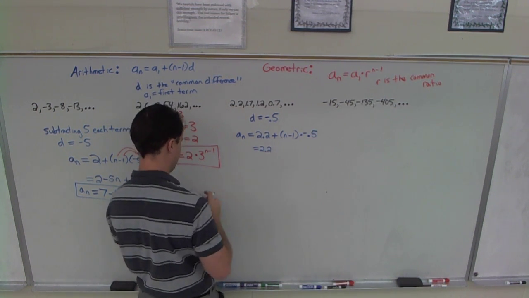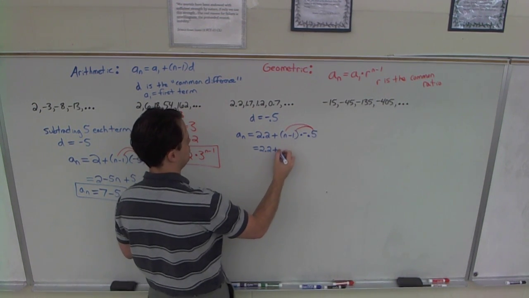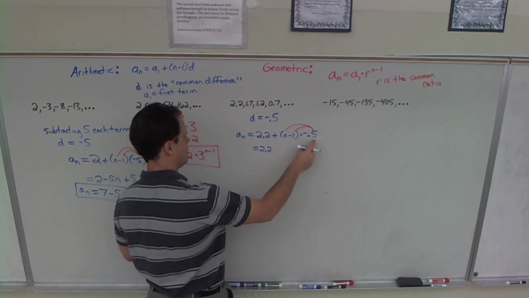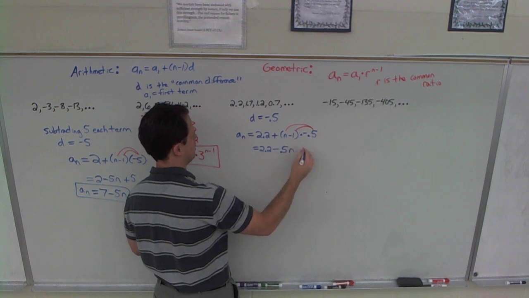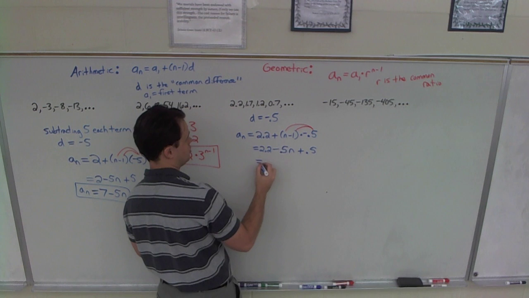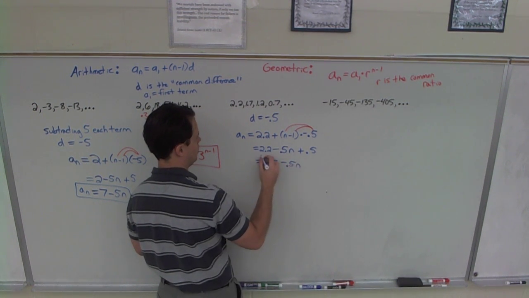So I'm going to simplify by distributing. That times that is minus 0.5n. That times that is plus 0.5. These are like terms, so that's 2.7 minus 0.5n.